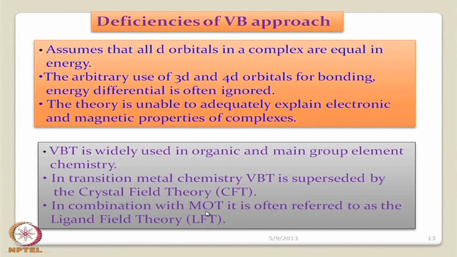This becomes molecular orbital theory, often referred to as ligand field theory, because the ligand gives the field instead of the crystal. It is a combination of molecular orbital theory and crystal field theory, and is the latest theory, very useful for explaining all the properties of metal complexes.